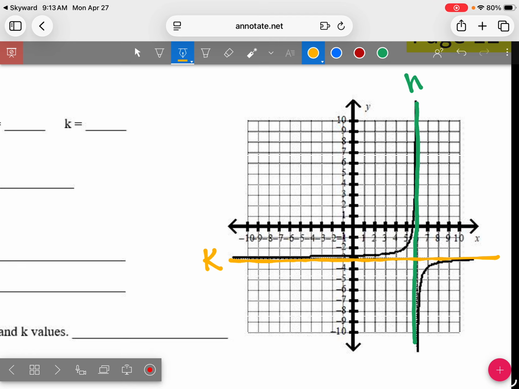The line is like where you feel like the graph is not touching. It's an invisible line that's kind of splitting the graph. And you will know you have the right line because the graph will get really close to it, but it won't cross it.